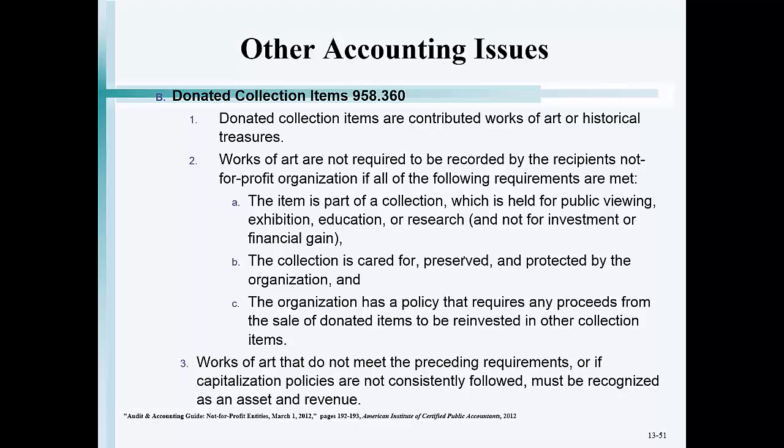And if we're going to sell it and use the money for something else, then what I'm trying to say, not very well, is you have to record the thing if you plan to sell it and use the money for something else, right? So at that point, you would debit the asset, credit the contribution, and then obviously when you sell it, debit the cash, credit the asset, the work of art, whatever, right?